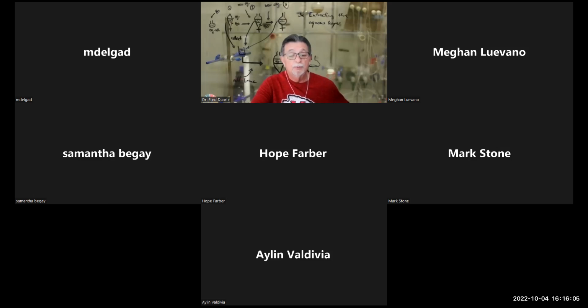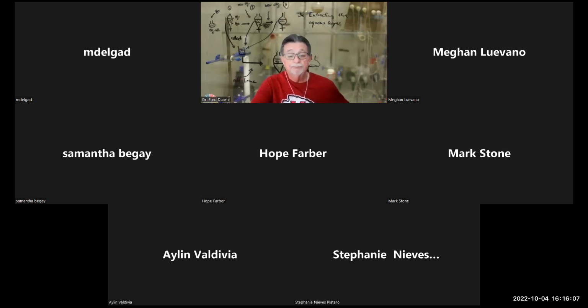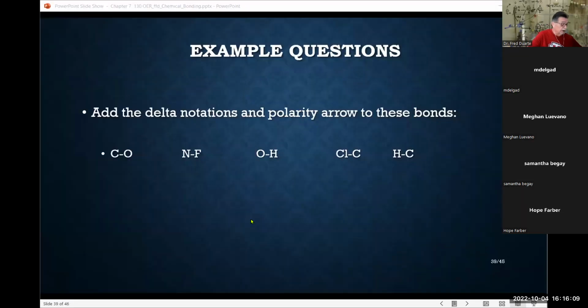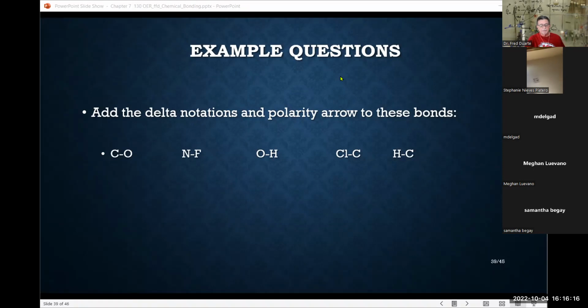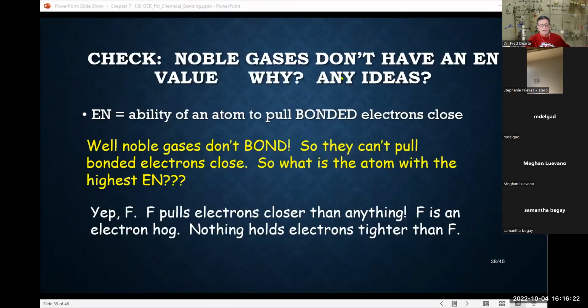All right. Well, we were on chapter 7, obviously, and we ended up on this particular page. Let me back up to remember. We were talking about electronegativity and how that is defined.